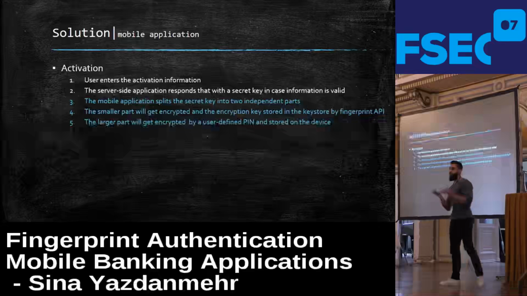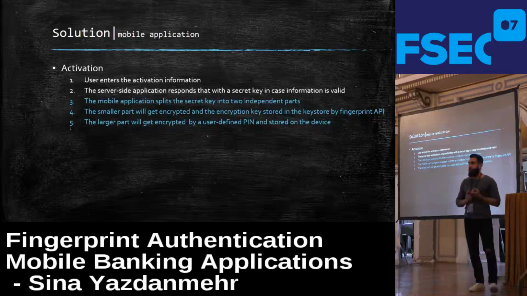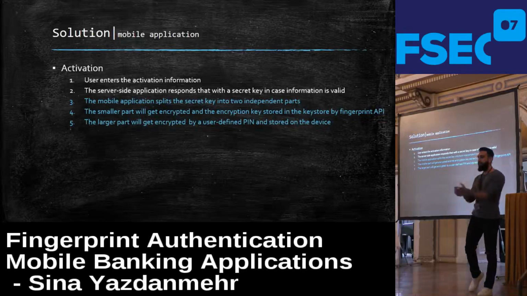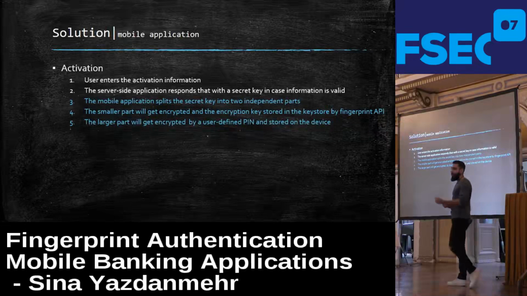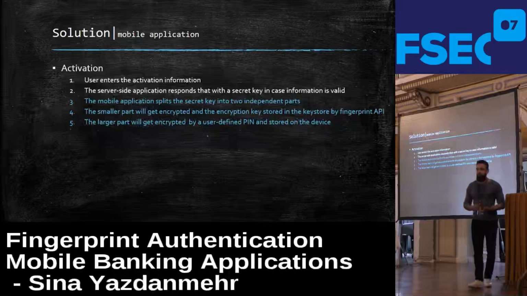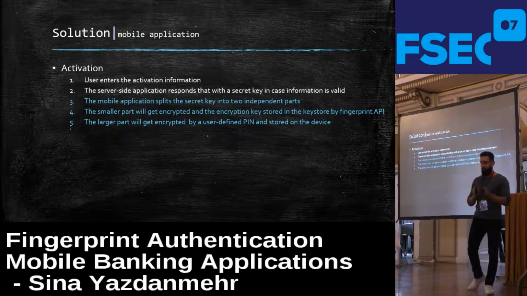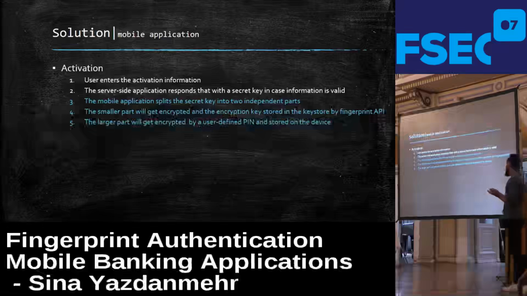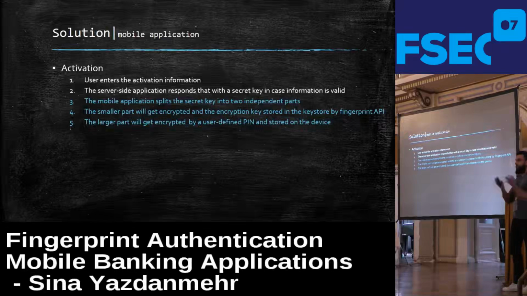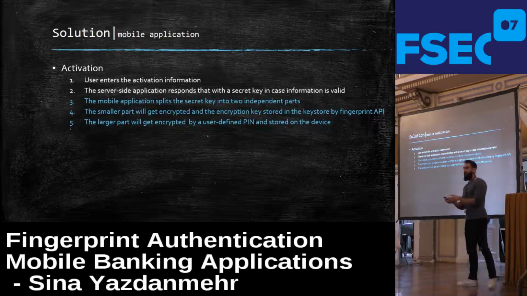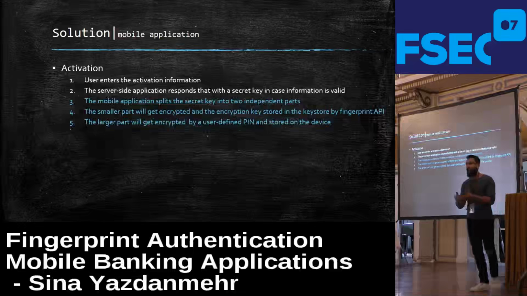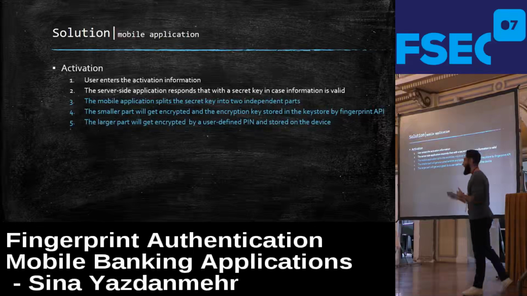Then the application encrypts the bigger part with the user PIN code and stores that on the device. Then the application generates a random encryption key, encrypts the smaller part of the secret key with that random encryption key, stores the encrypted part on the device, and stores the encryption key in the key store. Okay?